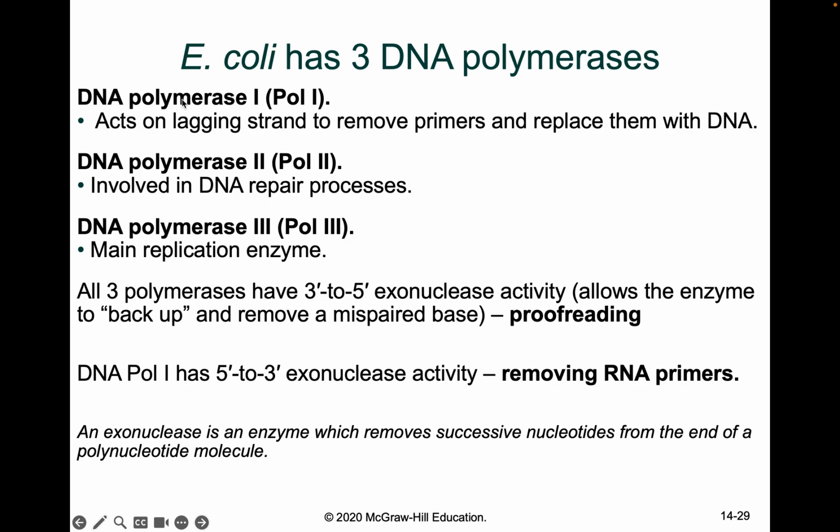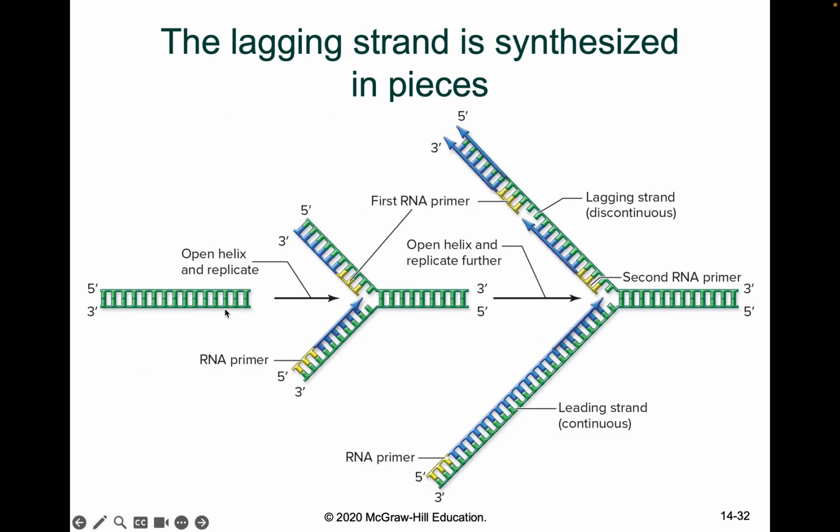However, all of these, DNA polymerase 1, 2, and 3, have this 3 prime to 5 prime exonuclease activity. So what does this mean? These enzymes are able to cut, to eat up nucleotides, from a 3 prime to 5 prime direction. So let me show you here.